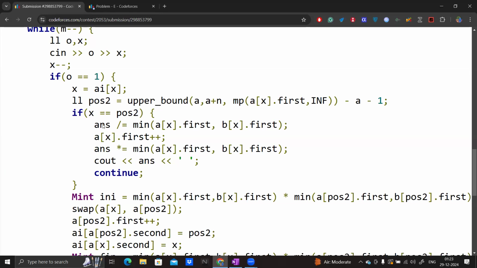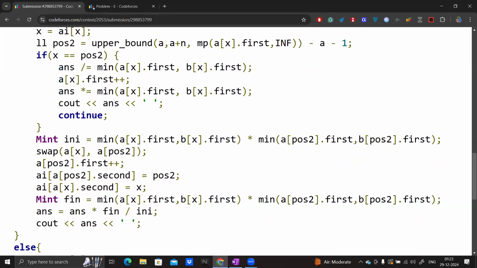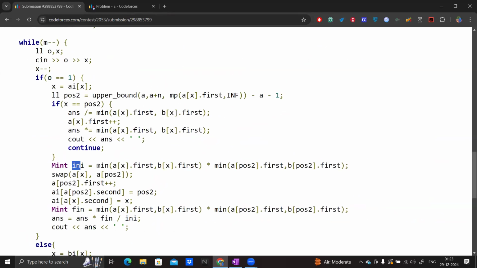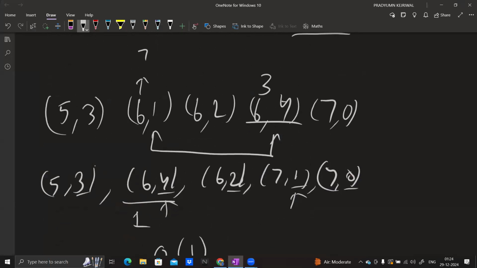But if x is not equal to pos, that means I need to swap. So I'll just swap. Actually I divided both the indices. Basically what I did was I'm swapping this and this. So I divided the initial answer by this: I did answer divided by 6 and answer divided by 6.